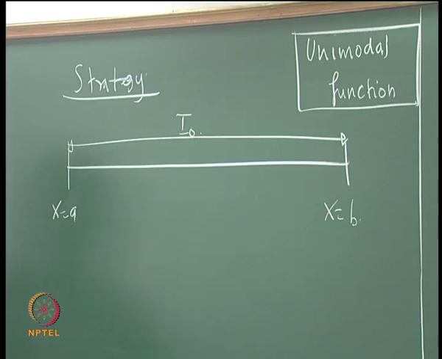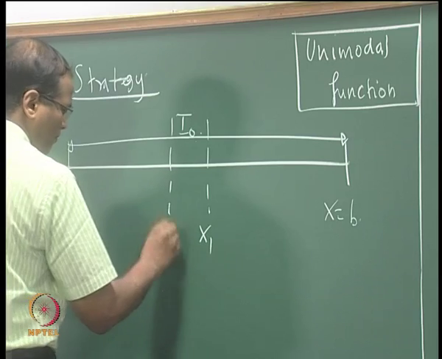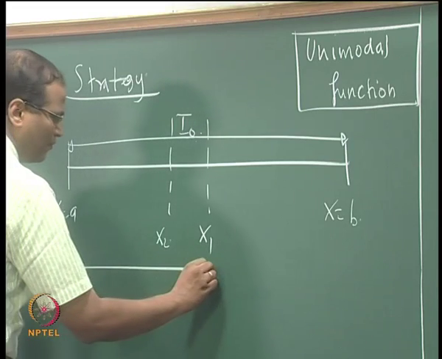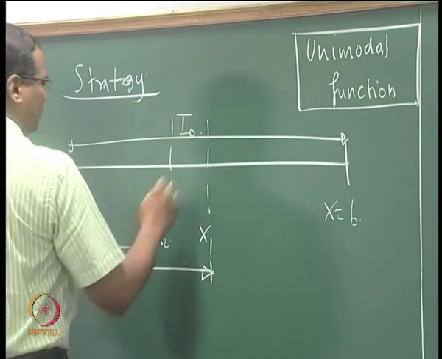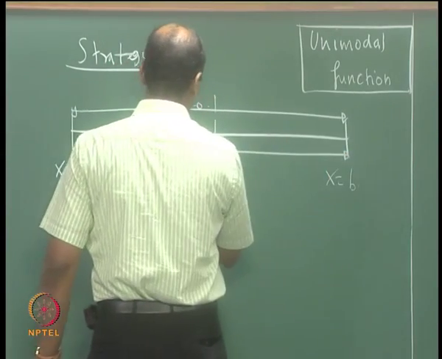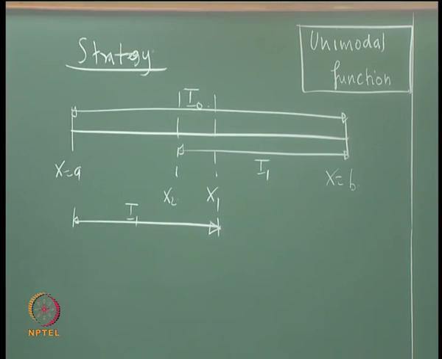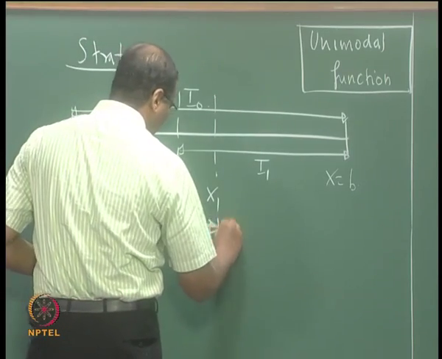So we choose 2 points, each at a distance of I1 from the ends. Should I use different chalk or is it fine? I meant differently colored chalk.